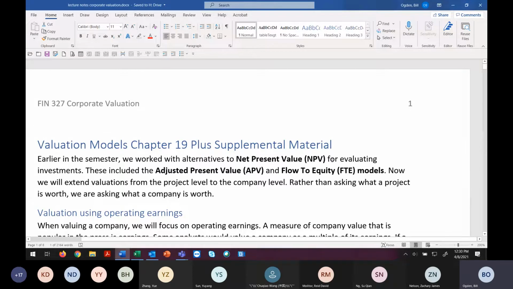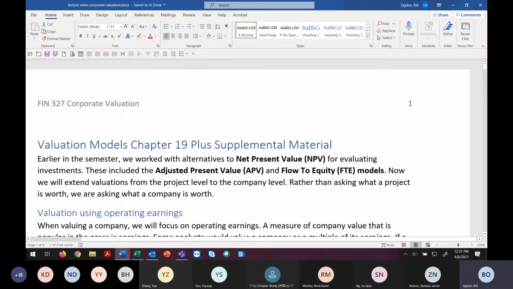All right, let's begin. We're now into the chapter 19 valuation that I call a supplemental material, simply because chapter 19 does not include the economic profit model.